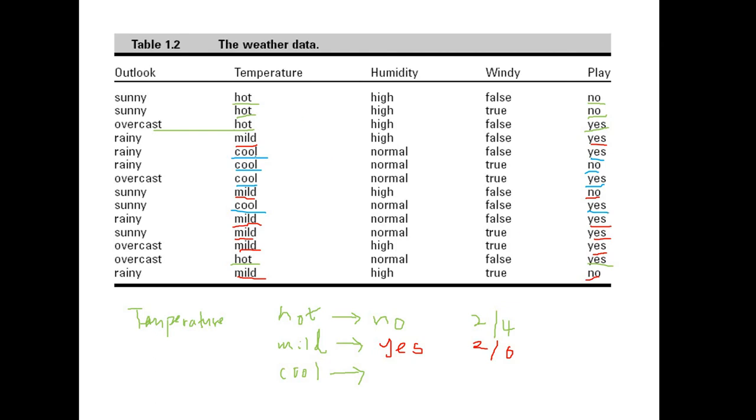We have 4 instances, again yes, no, yes, yes. So the most frequent class is yes. And the error is 1, isn't it? Yes, you have 1 no instance, others are yes.